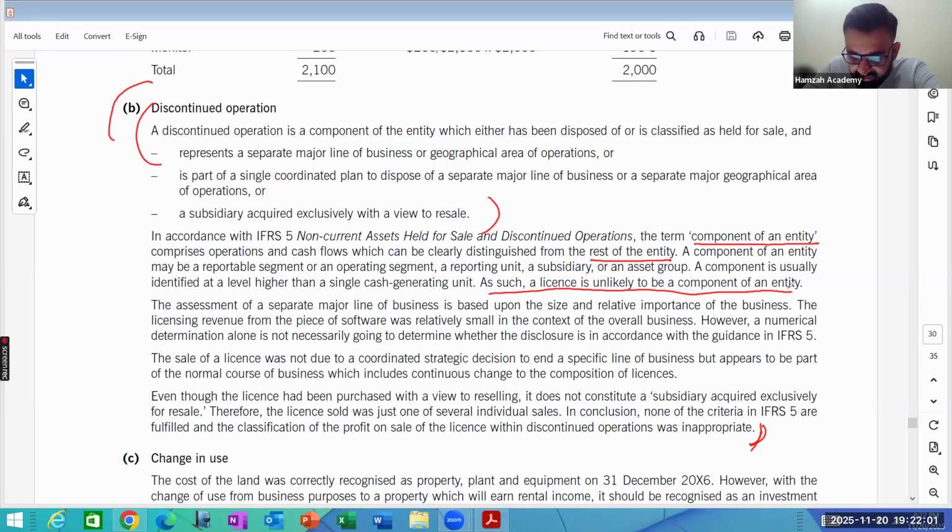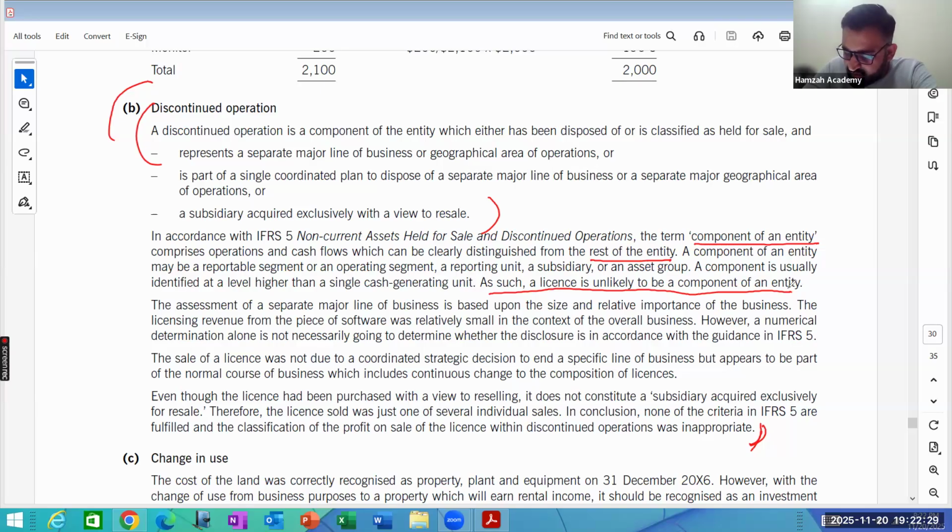The sale of the license was not due to a coordinated strategic decision to end a specific line of business, but appears to be part of the normal course of business, which includes continuous change to the composition of licenses. Even though the license was purchased with a view to reselling, it does not constitute a subsidiary acquired exclusively with a view to resale. Therefore, the license sold was not one of several individual sales.